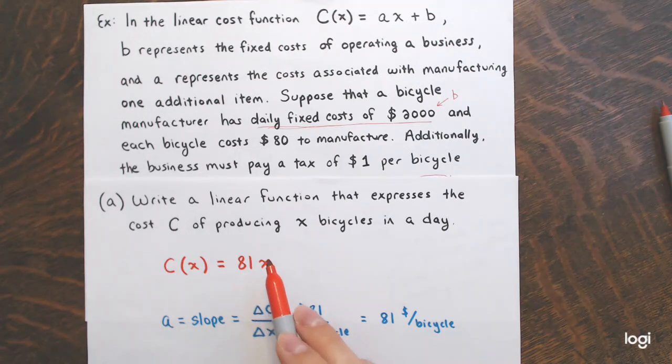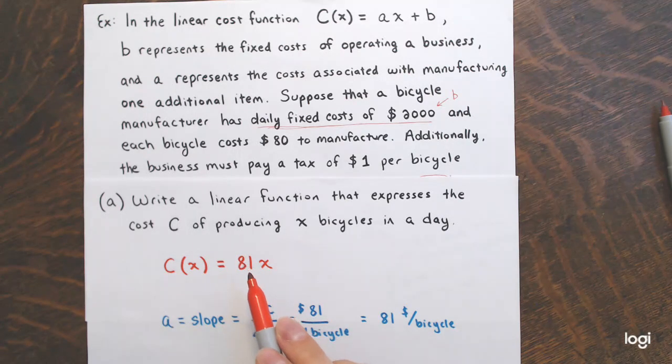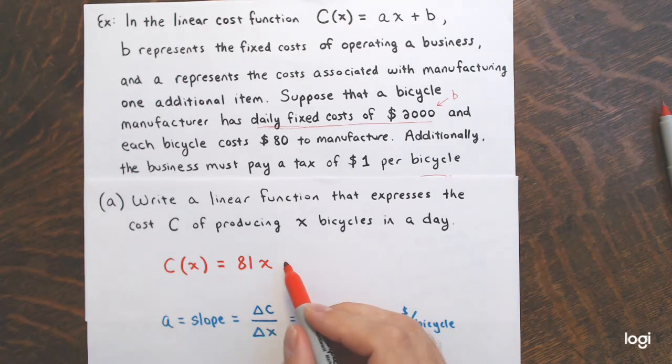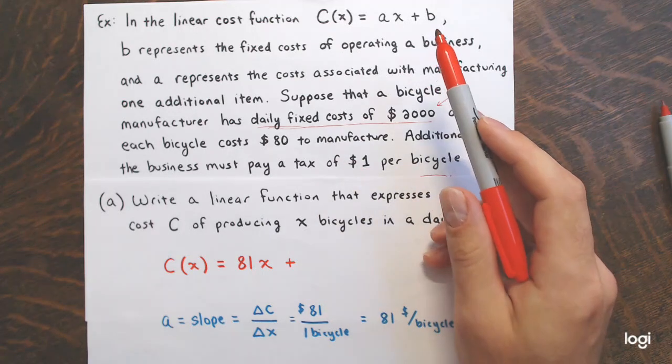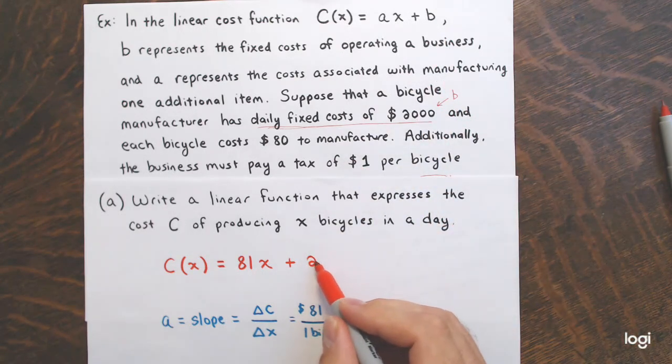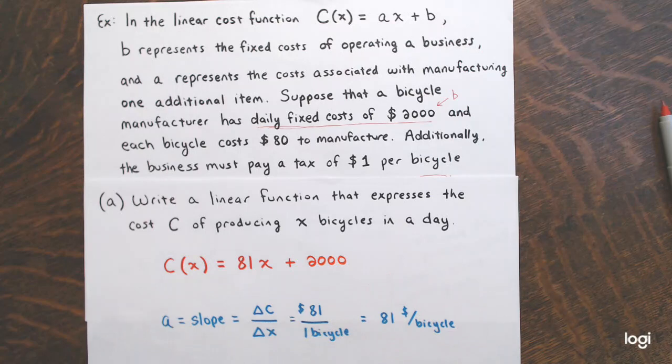So this gives me how much it costs them to manufacture X bicycles. But remember, on top of that, there was that $2,000, so plus the b, plus the $2,000, just for starting up the business that day. Again, that could be a rental cost for the building, the cost of labor, or the cost of the equipment to manufacture the bicycles. This $2,000 for a day has a lot of things that could possibly go into it.